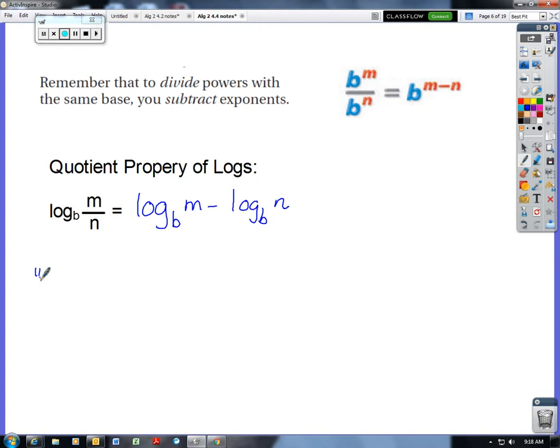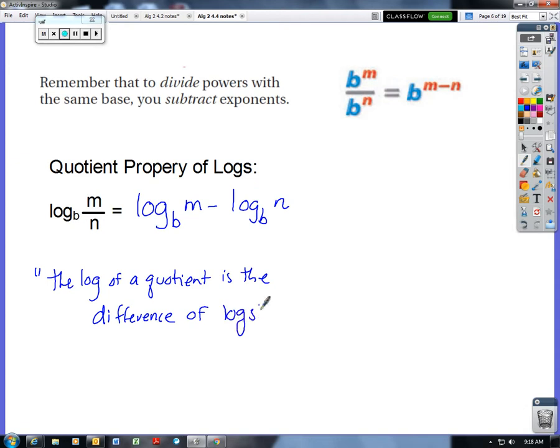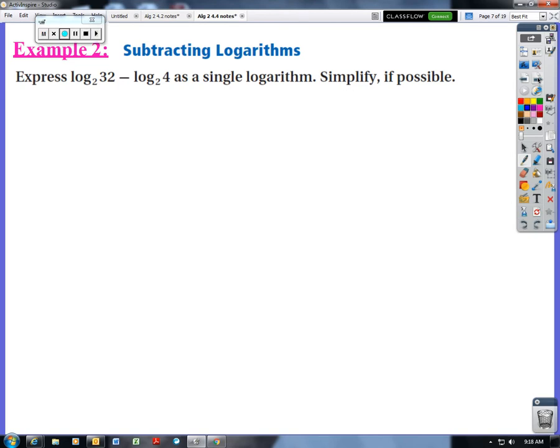What you could say outside is the log of a quotient is the difference of logs, if that helps you memorize this better. And then we'll do an example using this.